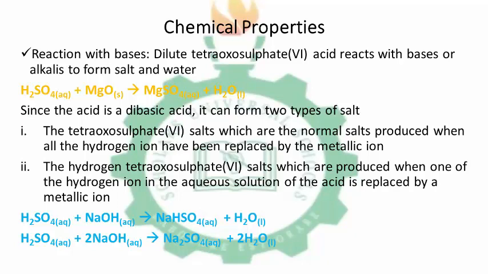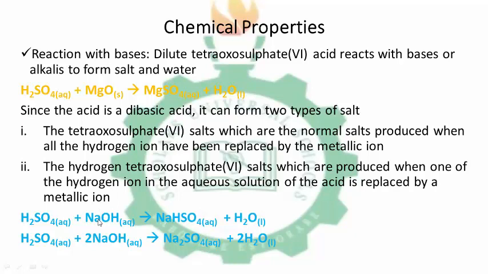Write the hydrogen ion from the acid, the hydroxide ion from the base, and you give water as the product formed. So the first hydrogen ion here will react with this hydroxide ion to form this water molecule.